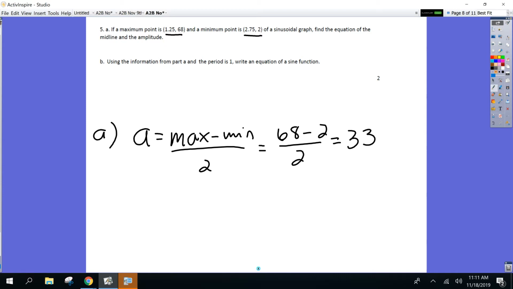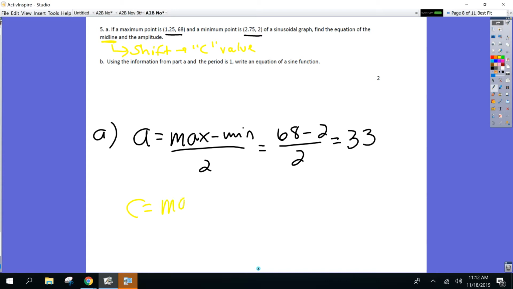Okay, then it also has to find the midline. Anybody remember midline was the same as in the equation? That's my shift. That's all it is, the C value. I think we had a formula for that as well. Marissa?